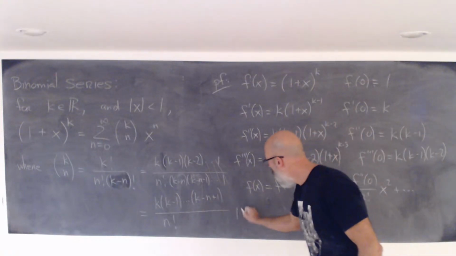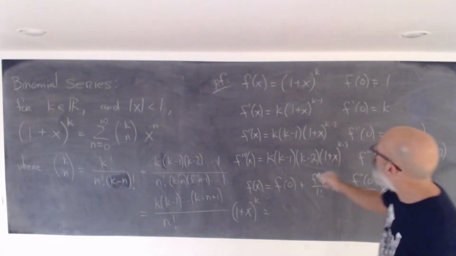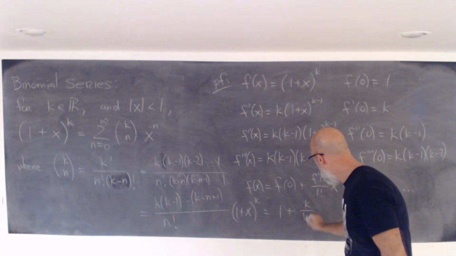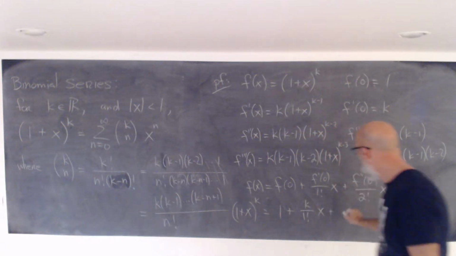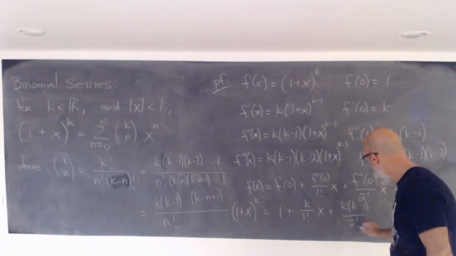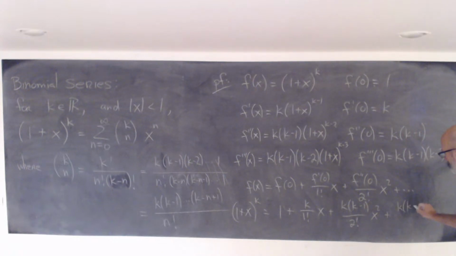So here, 1 plus x to the k is 1 plus k over 1 factorial x, plus k times k minus 1 over 2 factorial x squared, plus k times k minus 1, k minus 2 over 3 factorial x cubed, and so on and so on.